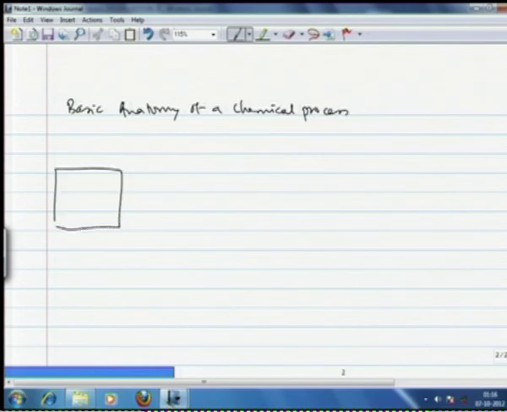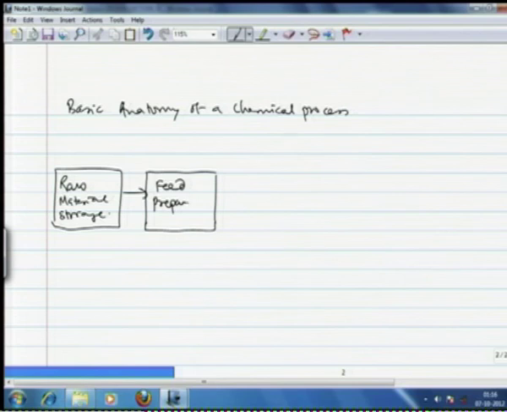You have certain raw material which you store at particular location. Okay. Then you have to go for feed preparation. If your raw material does not meet the required specification, purity or particle size or concentration, so on and so forth, then you have to prepare the feed before it enters the reactor.